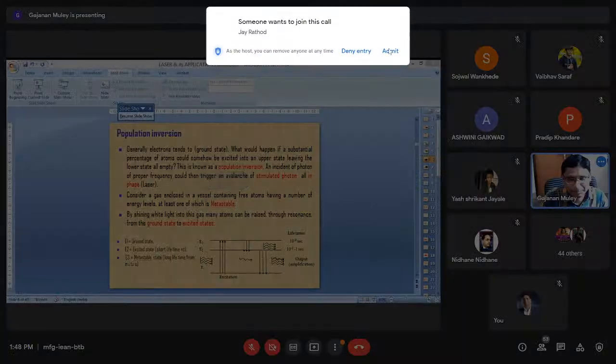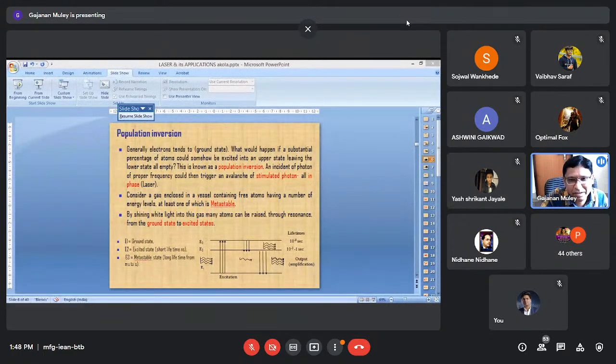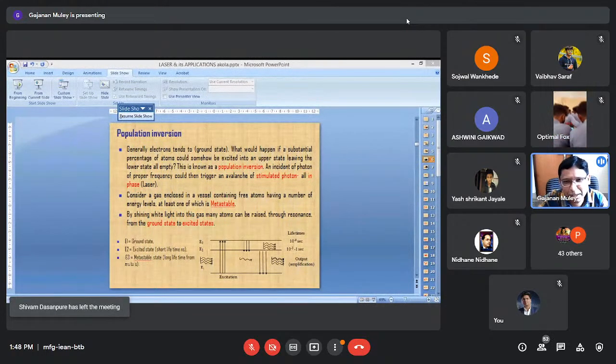And if any photon triggers the electrons in state E2 to emit, to stimulate the emission of radiation, a bunch of electrons will come from energy level E2 to energy level E1, and emit a lot of radiation at a time.